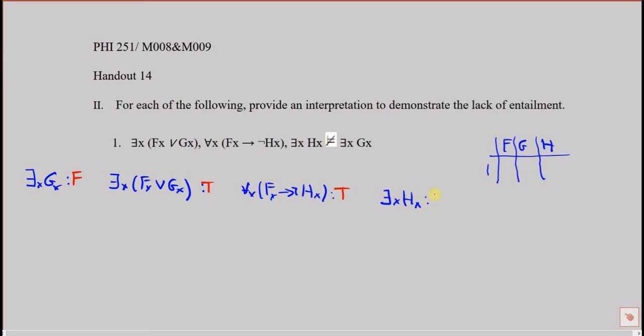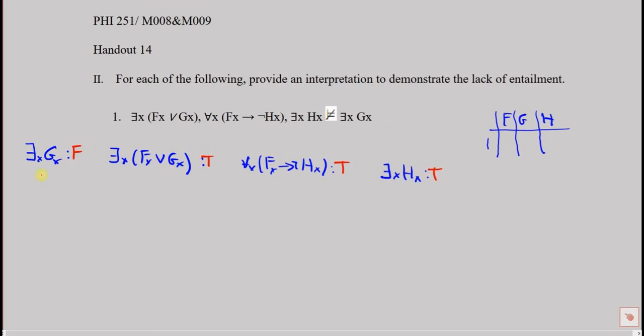So that's our goal. So the question for us is: can we assign object 1 to these predicates in a way that makes this happen? So we'll start with the conclusion, as I said.